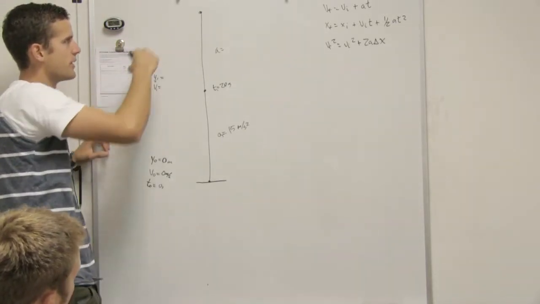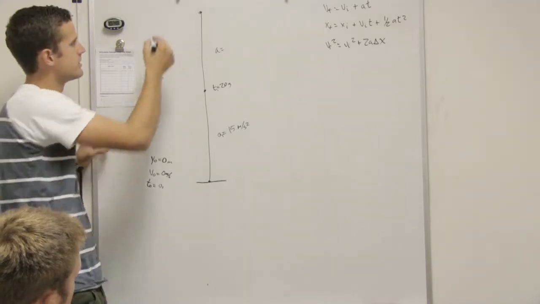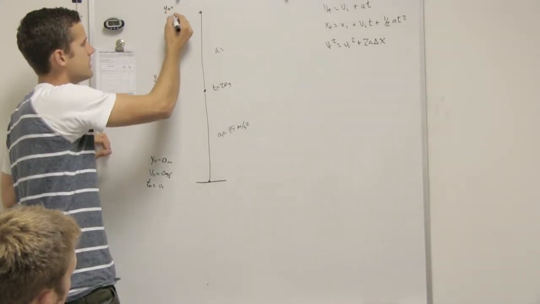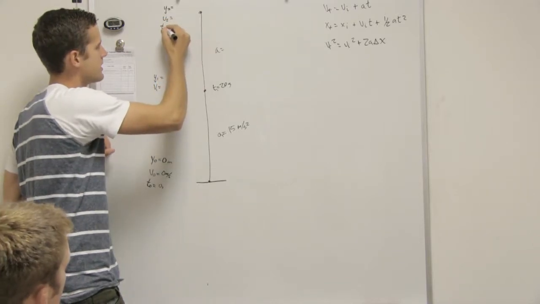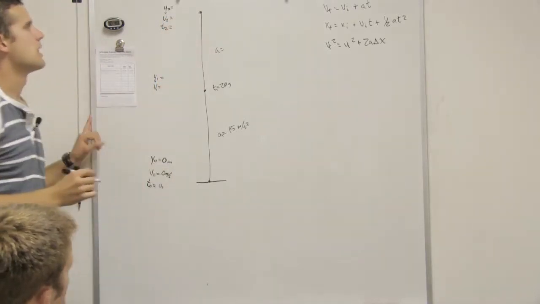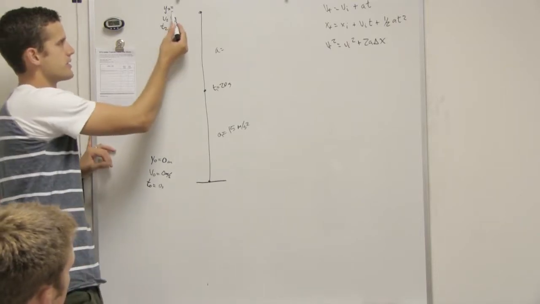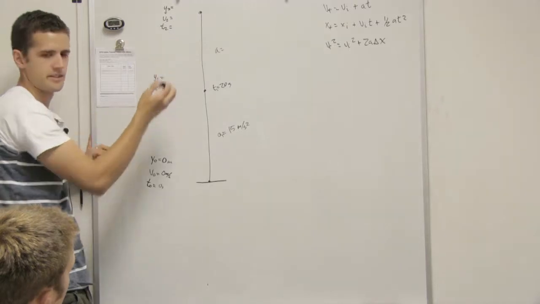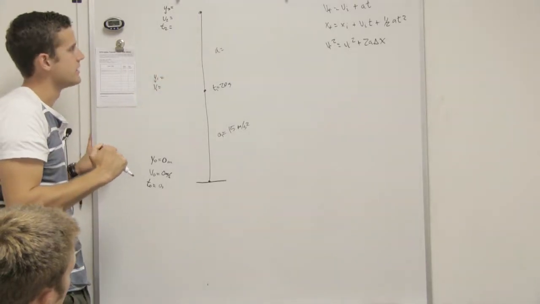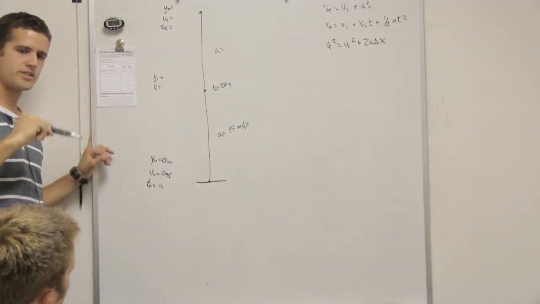What about this top point? We'll have a y position, a velocity, and a time. Do I know what y is? No. What about the velocity? What happens for a rocket when it reaches its highest point?